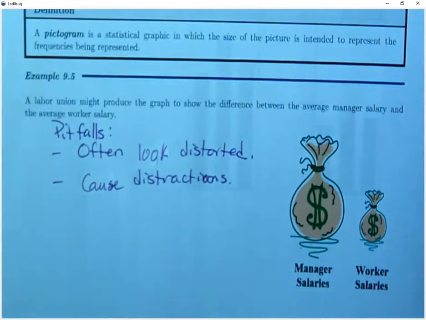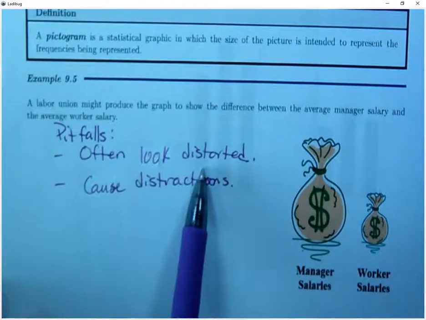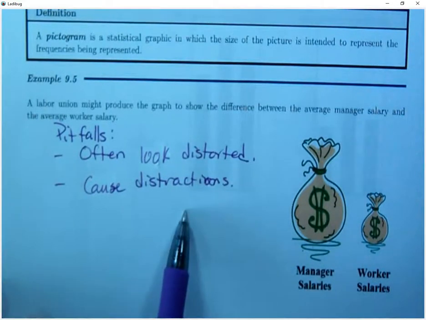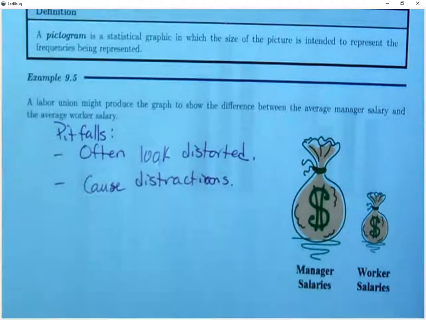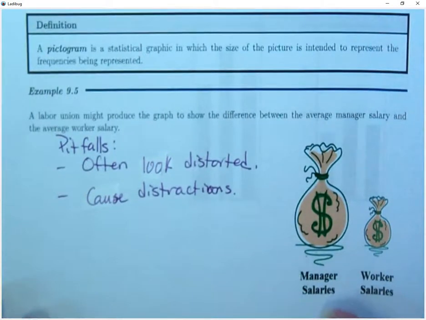It really didn't work out the same way. And so the pitfalls of these are they often look distorted, they can cause distractions, but a lot of times people want that to happen if they're marketing something in a certain way, and they'll use a pictograph. So use your common sense to know that, if I see a pictograph, it might not be the best way of looking at the data.